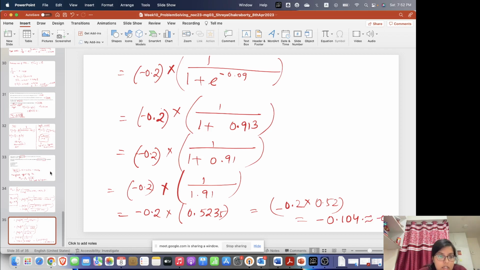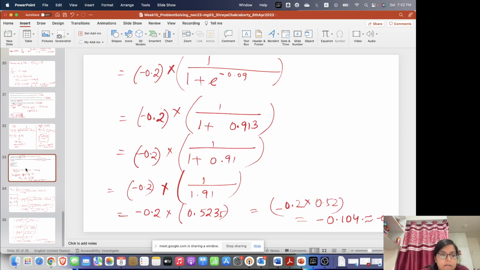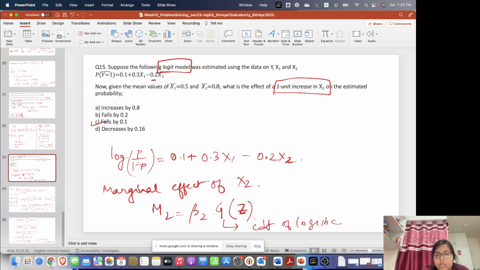So the answer is that the probability falls by 0.1. Is it okay?